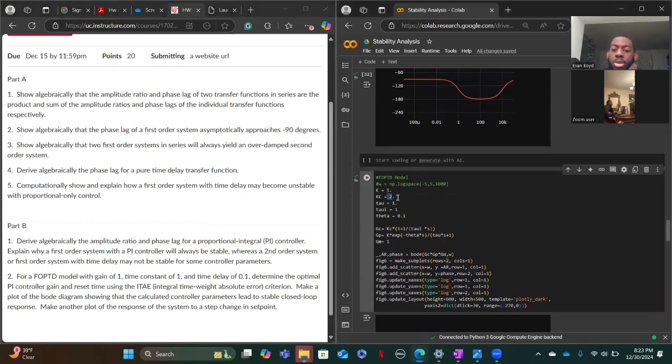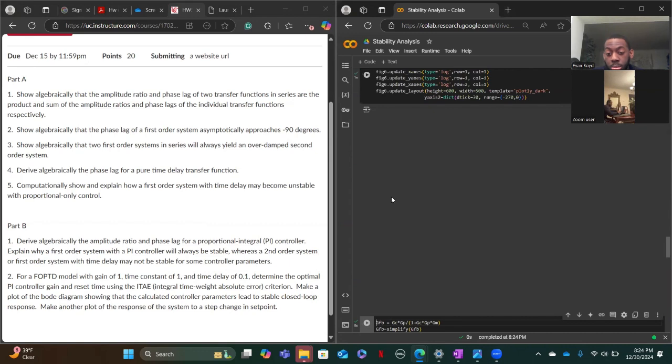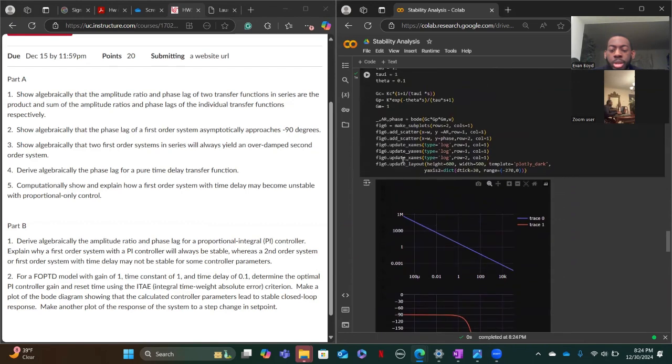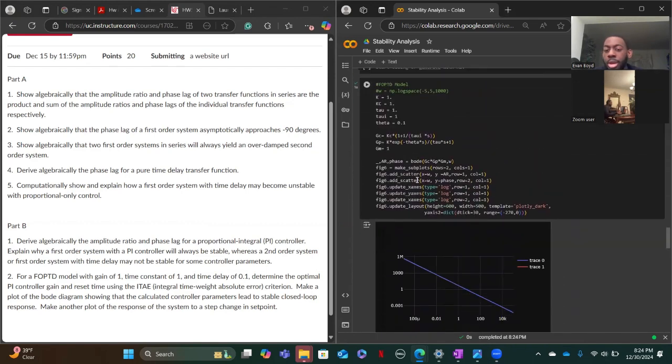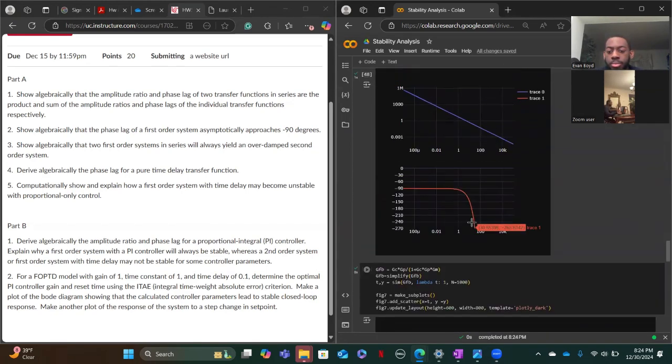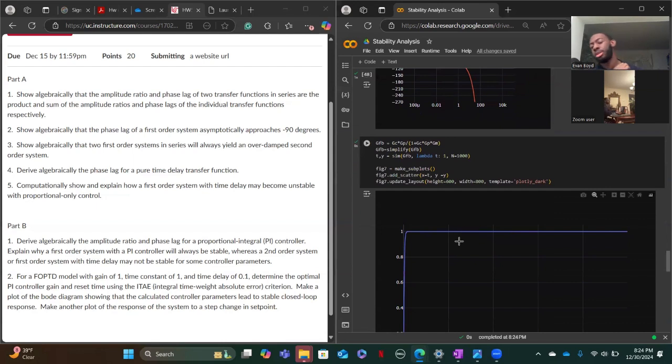Let's see if we change our controller. Let's take this back to 1 and see what that does. I think our optimal is just changing our tau I to 1. It makes sure there's no time delay anymore, so it goes back to a regular response. It doesn't really change the stability. Our stability settles the fastest when our tau I is 1, roughly 1.9 seconds.